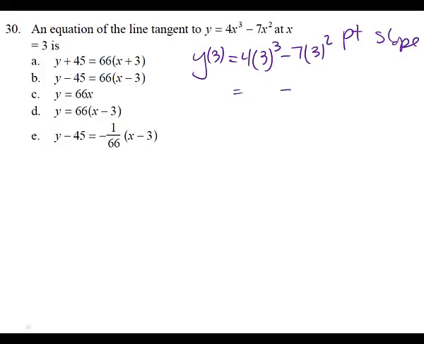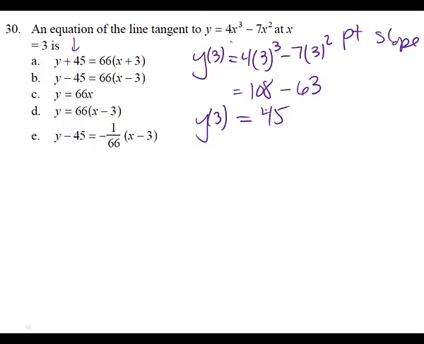You can use your calculator. 108, and then we've got 3 squared is 9 times 7 is 63, so 108 minus 63 is... look at your answers. It's got to be a 45, doesn't it? Look what's in the y spot. You just have to decide if it's positive or negative. Okay, so I know that my point is (3, 45).